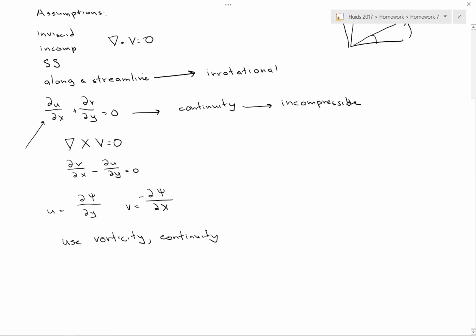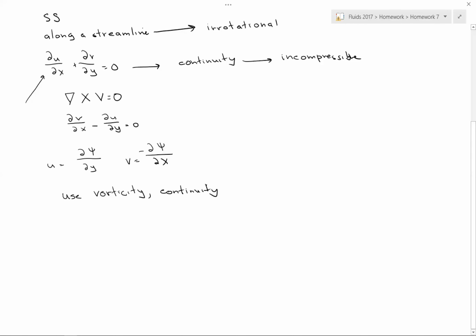Why do we need to do vorticity and continuity? That's actually a really good question. So doing continuity says that the fluid is incompressible, which is one of the things you have to have. Doing vorticity says that it is irrotational, and here it goes a little bit further, because what that says is any 2 points. If I didn't ask for any 2 points, then your assumption would be along a streamline, okay?